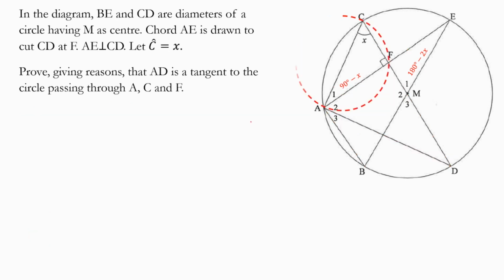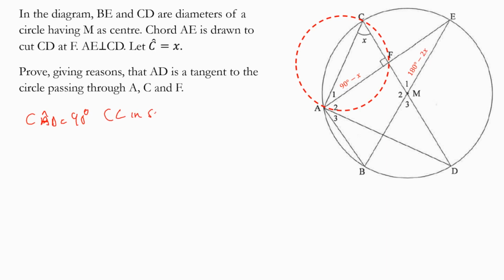This is our circle. The other way, we can prove that this line AC is a diameter. How can we do that? Angle CAD is equal to 90 degrees. Why?